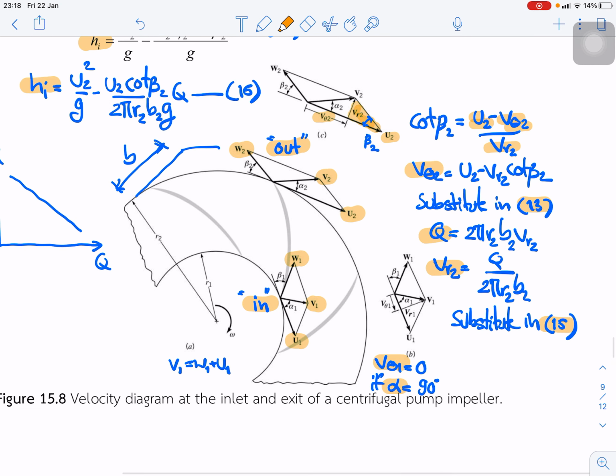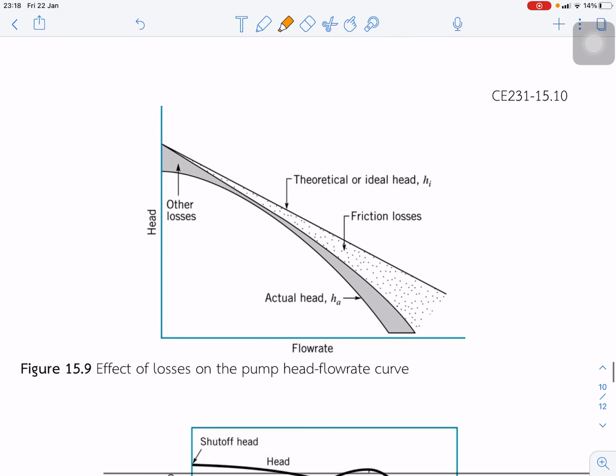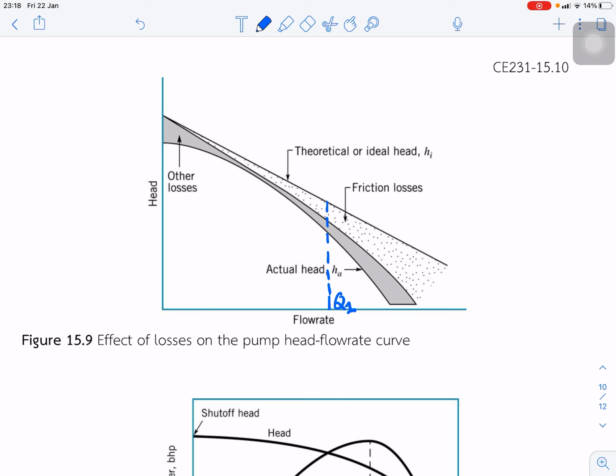If we plot the curve from equation 16, the head rise is inversely proportional to Q. For any flow rate, the head starts from the initial or ideal head, and there is a friction loss and another loss. The actual head is smaller compared to the ideal head.